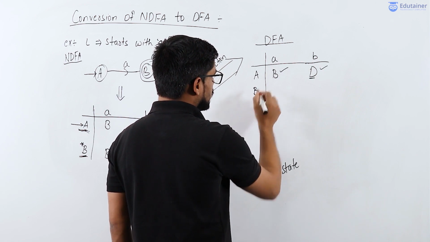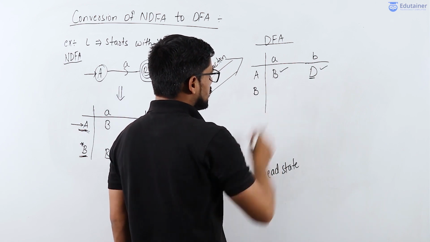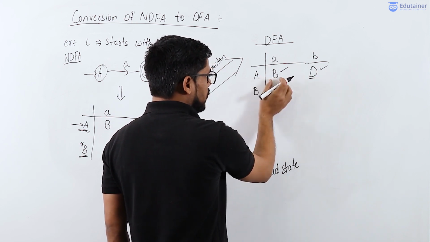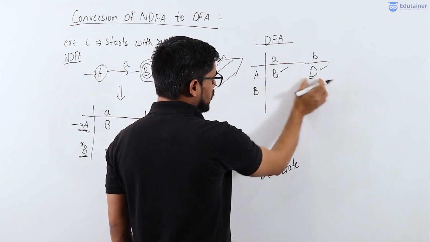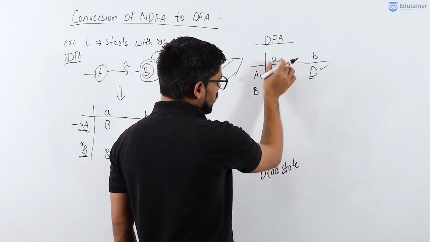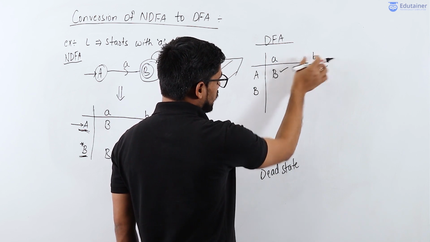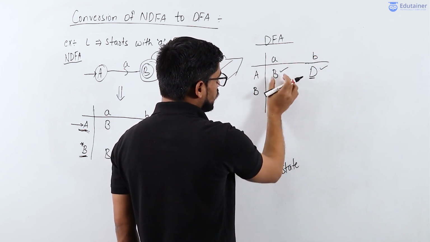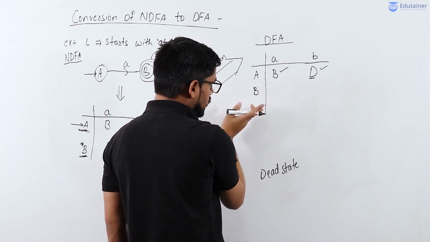So here the next state is decided based on the row number 1 steps. In row number 1, if you take a move on some input alphabet and you get a new state, then you will consider this new state as the next row.